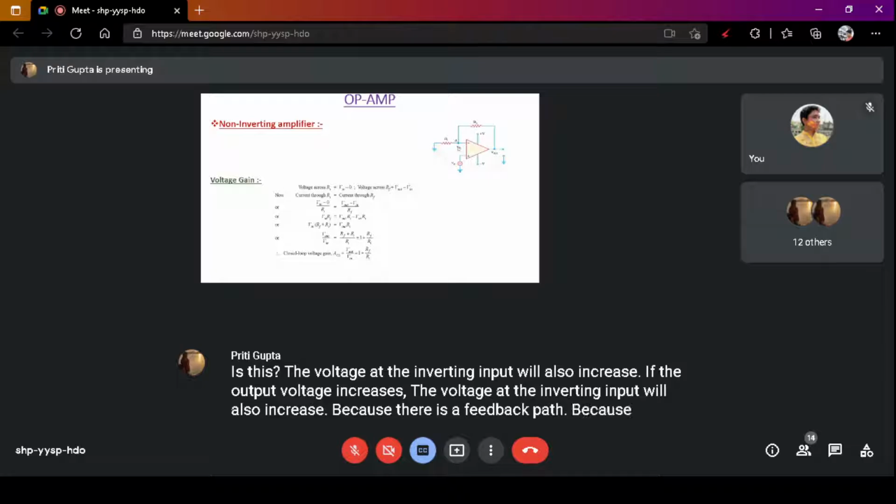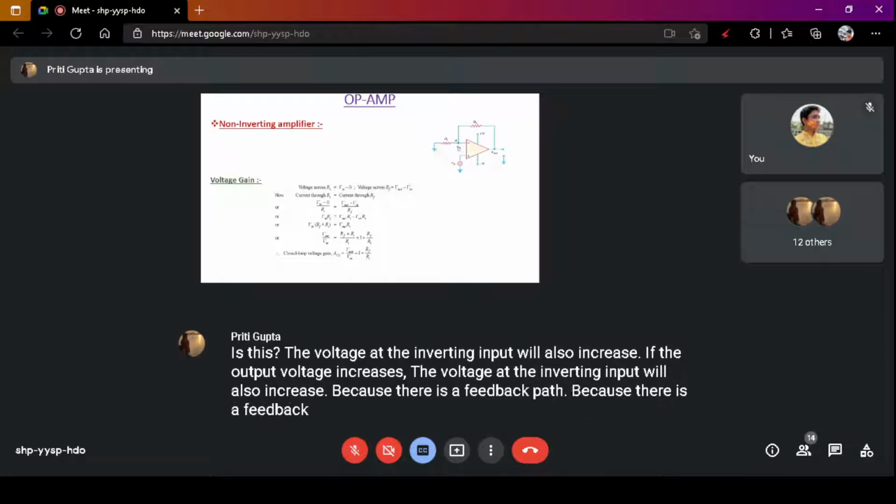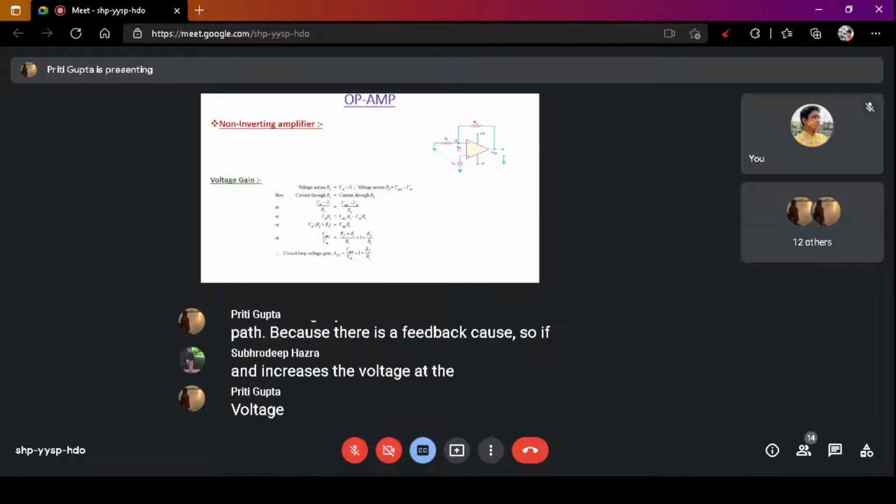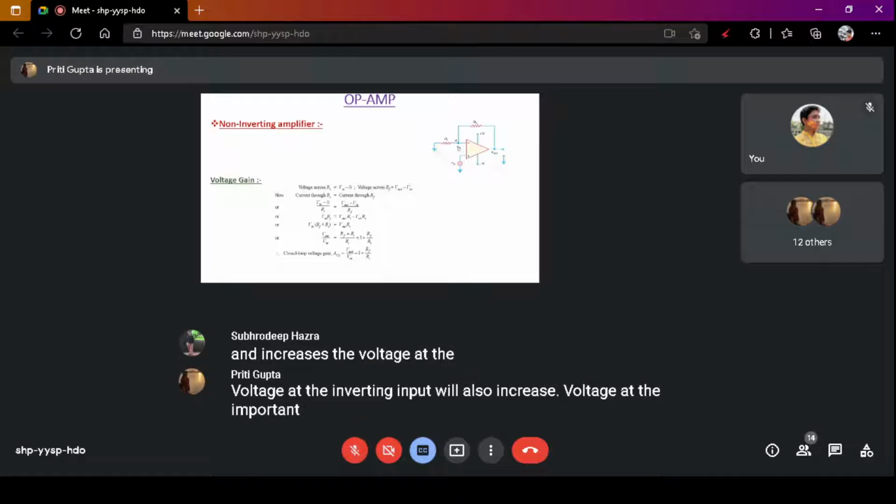So the voltage at the inverting input will also increase.